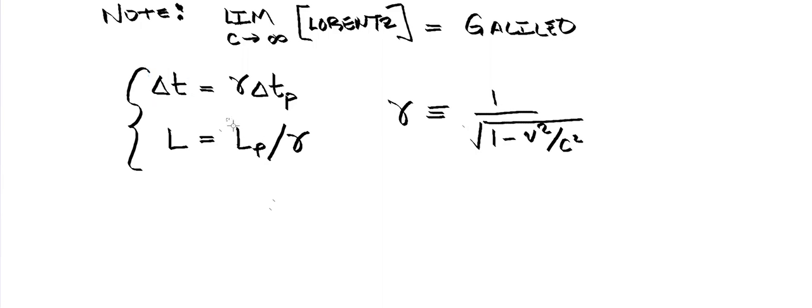I also want to define what I mean by a proper length measurement. The proper length measurement is measured by the observer who can see the object being measured at rest with respect to herself.